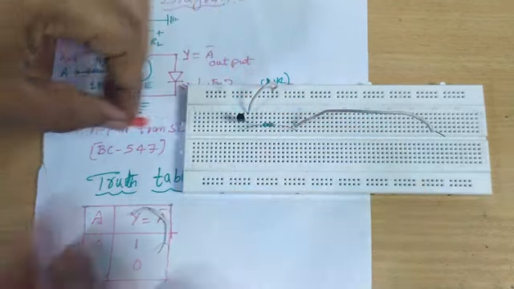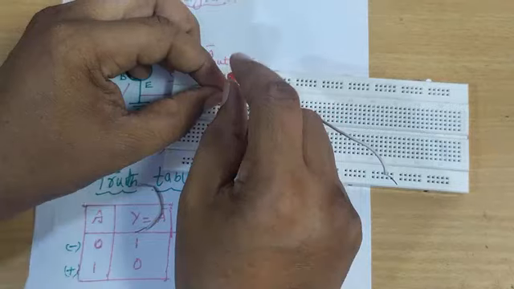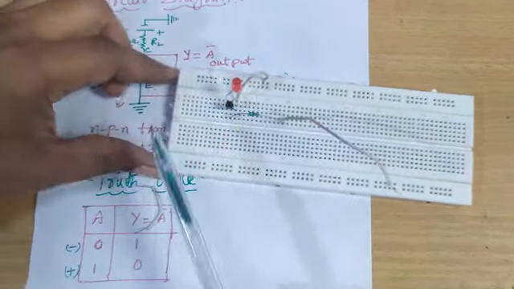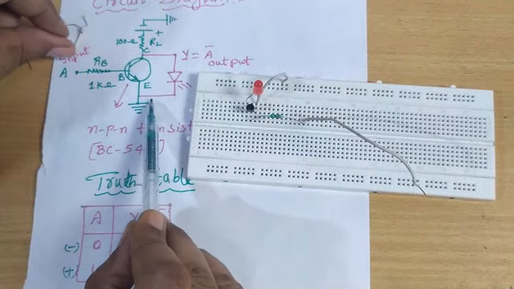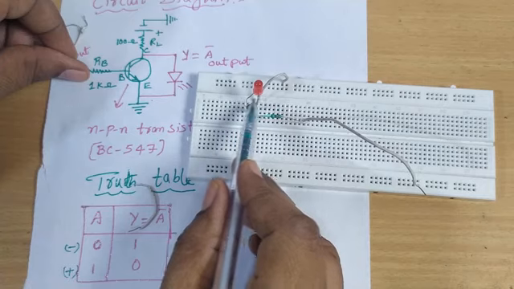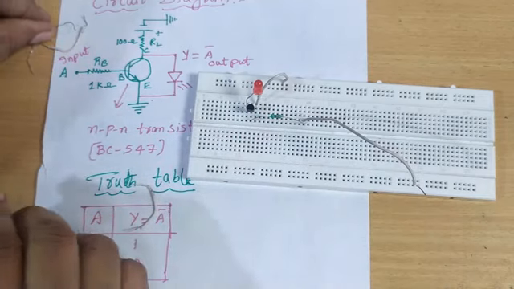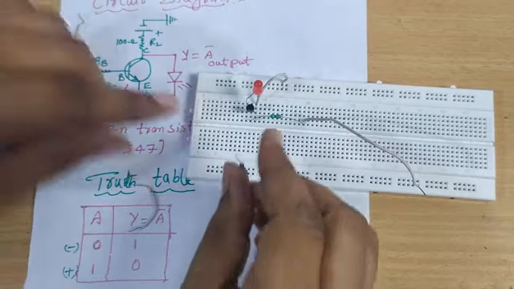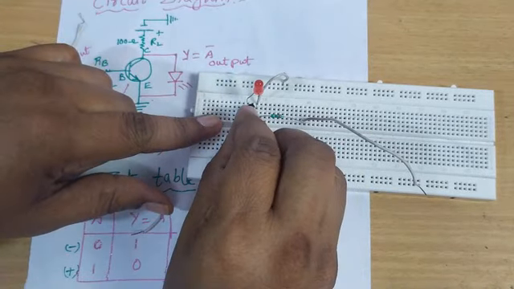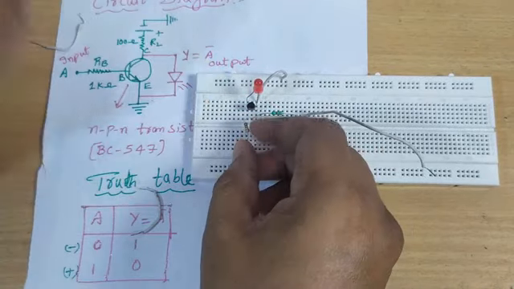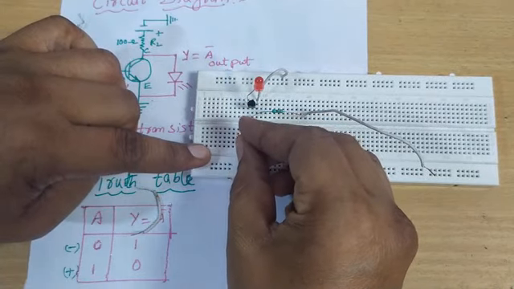You have to connect carefully. To the collector I am going to connect a load resistance, which is connected to the positive terminal of the battery.